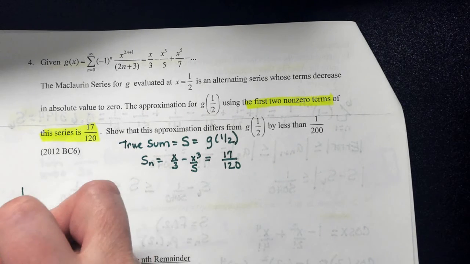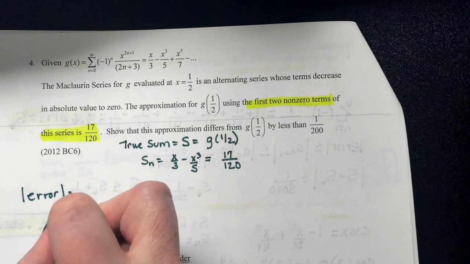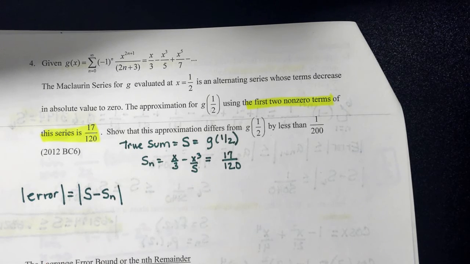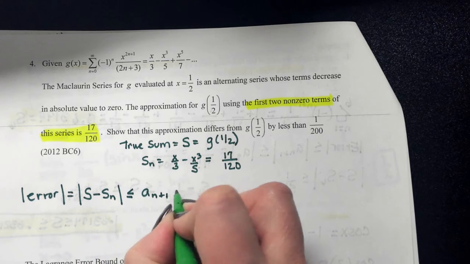So remember, the absolute value of the error is going to be equal to the absolute value of S minus S sub n, which is going to be less than or equal to a sub n plus 1.